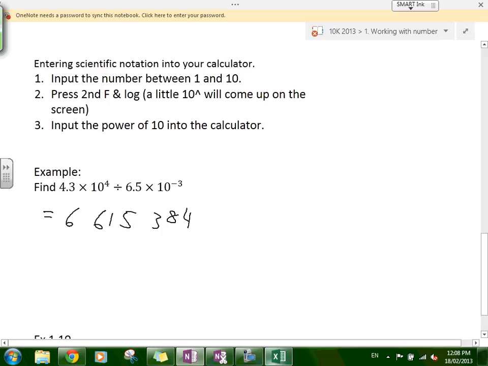6,615,384. What is this in scientific notation? Somebody tell me. Let's do it to two significant figures.